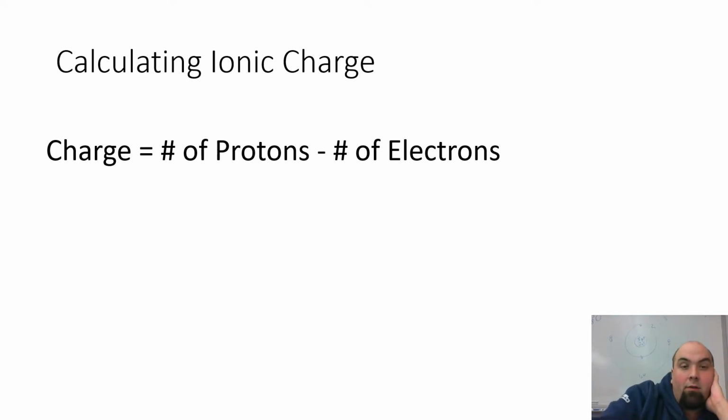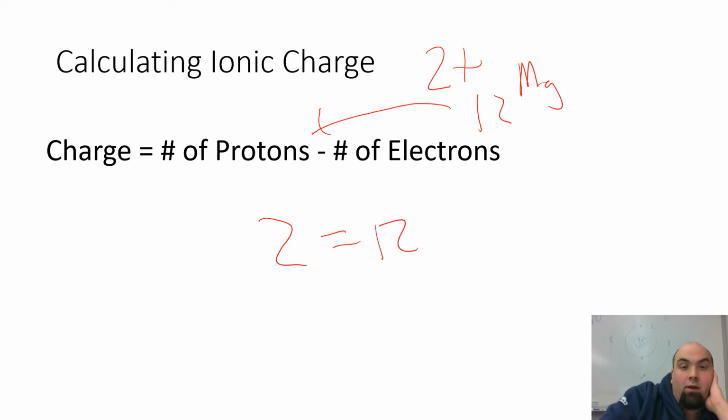So if I tell you you have a charge of 2 plus, and let's say it's magnesium, which is atomic number 12, so we have 12 protons, then 2 equals 12 minus x. That's how you know that x has to equal 10.